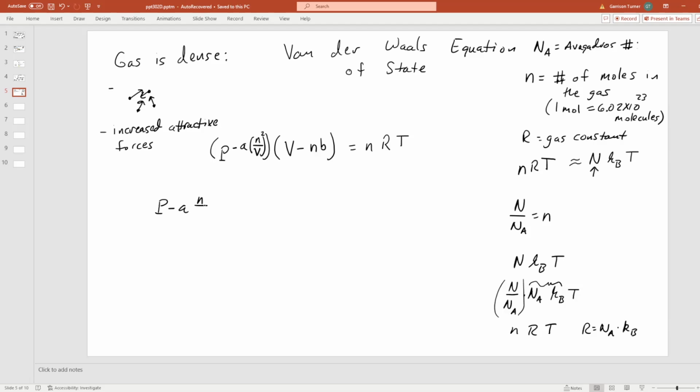Okay, so coming back to the left-hand side of the van der Waals equation, we have our pressure minus a times n over V quantity squared. Okay, so remember that force is equal to pressure times area, and so pressure, I really should have written that as pressure equals force divided by area.